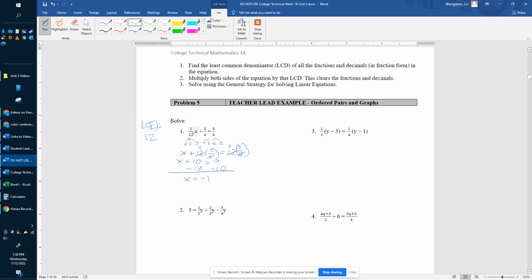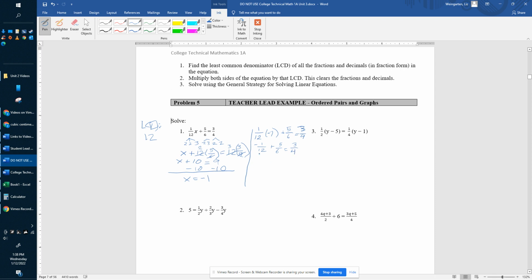So let's plug that in. 1/12 times -1 plus 5/6 equals 3/4. 1/12 times -1 is -1/12 plus 5/6 equals 3/4.